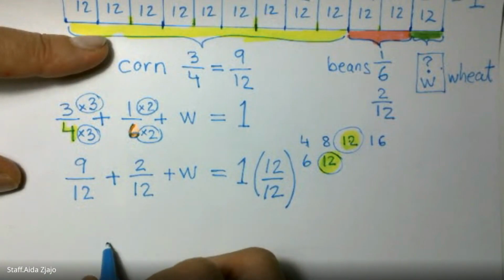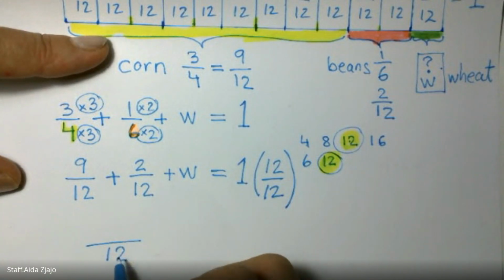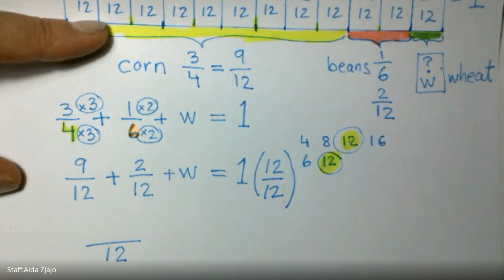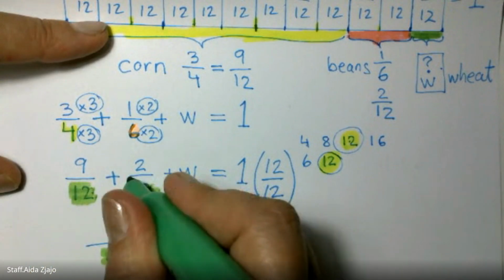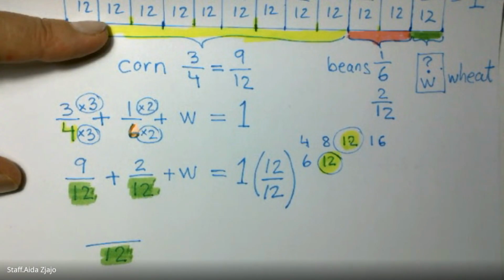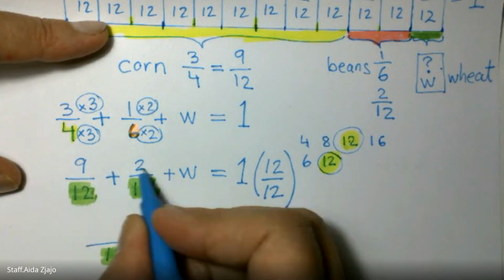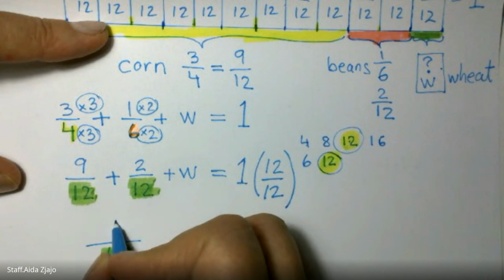Now these are the same equivalent pieces, so we can add. All are the same size, let's think of them as green. Now we say 9 plus 2 is 11.